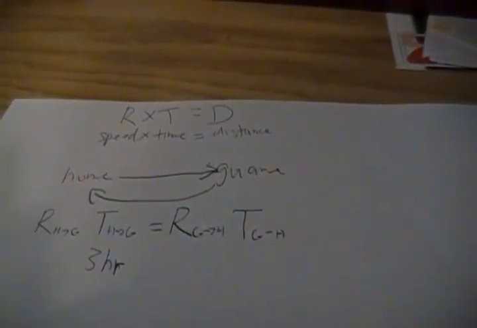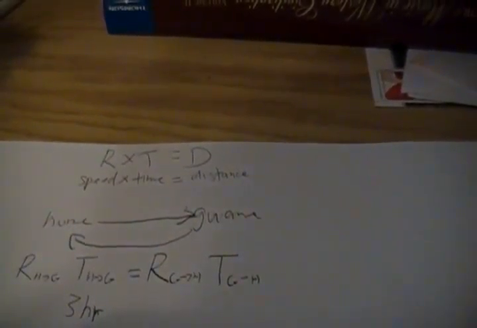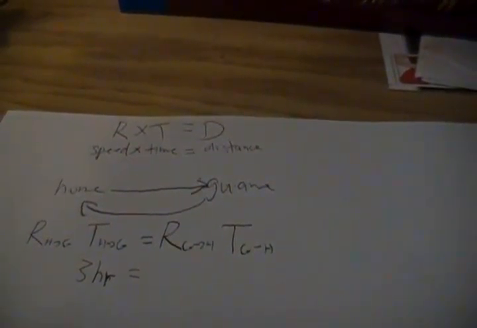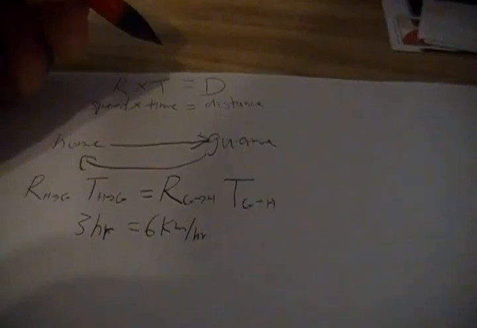And it says that the average going home was 6 kilometers per hour on the return trip. So the rate going home, Guam to home, is 6 kilometers per hour.